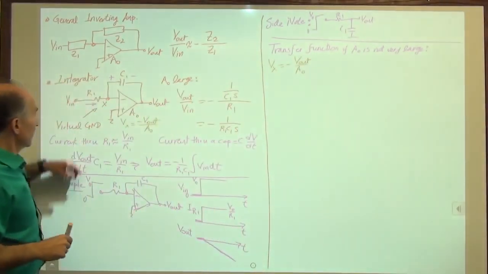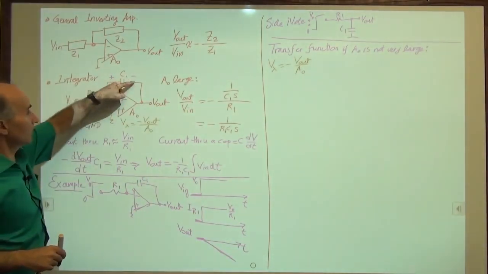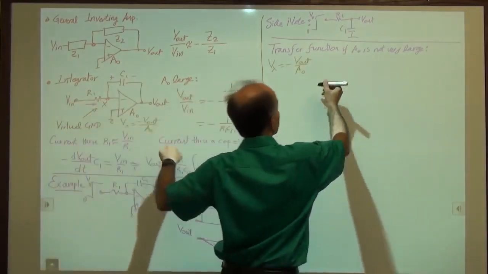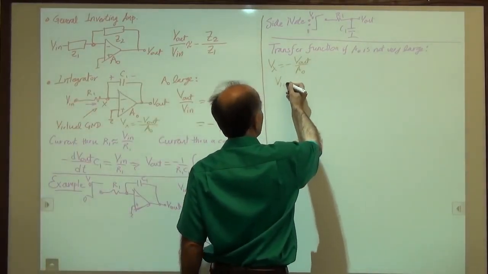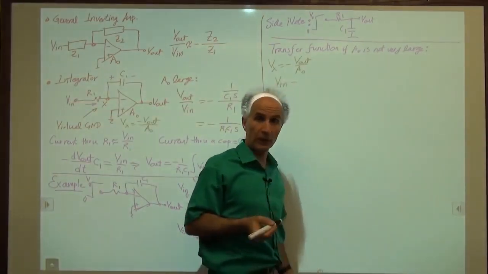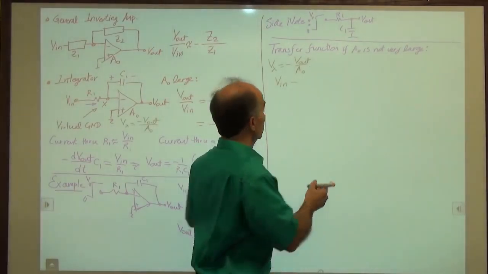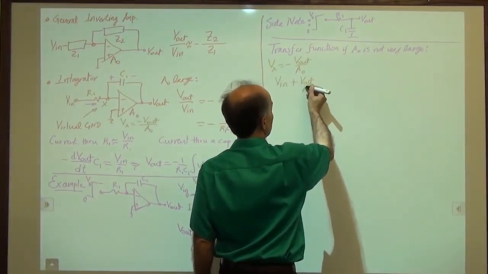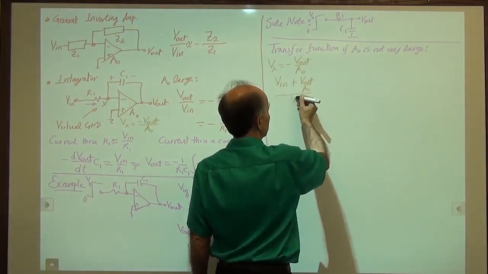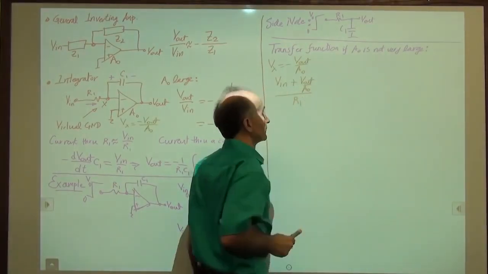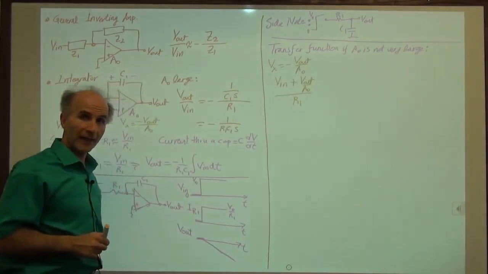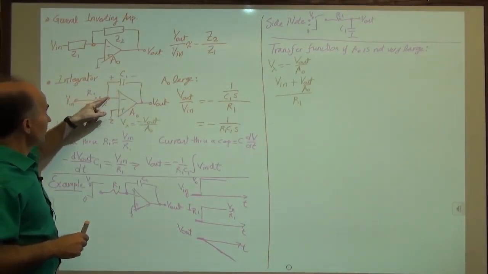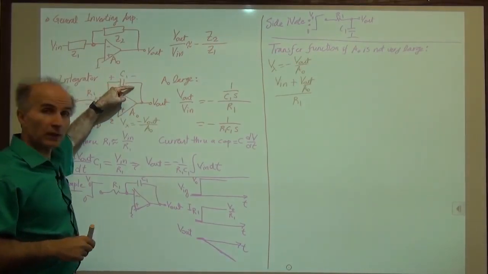The second principle is that this current is equal to that current. So the current through R1 is equal to V in minus Vx divided by R1. And Vx we know. So V in plus V out over A0 divided by R1. That is the current flowing from left to right in R1. And this current has to be the same as the current flowing through C1.